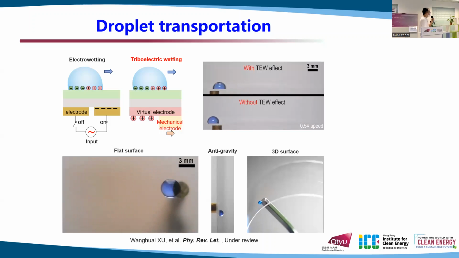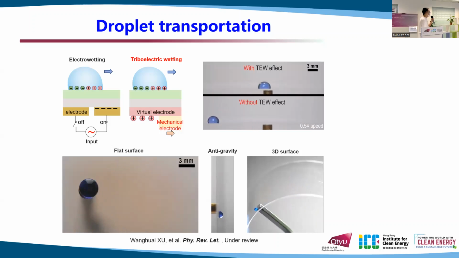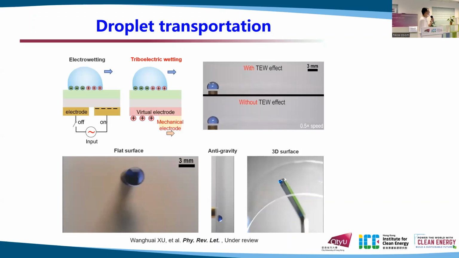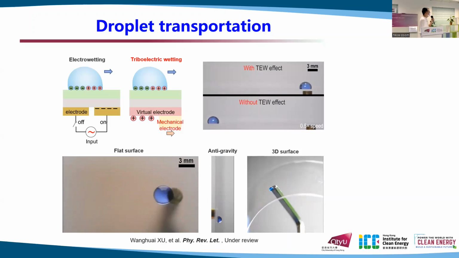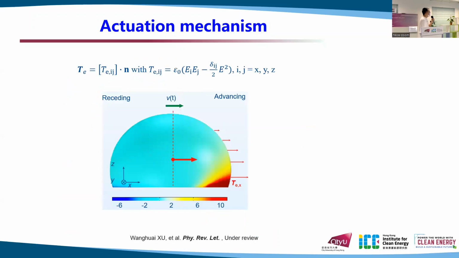With such triboelectric effects, as we can see in the video, the droplet can be transported on the flat surface, on the vertically placed surface, and even on the 3D flexible surface without any additional inputs.